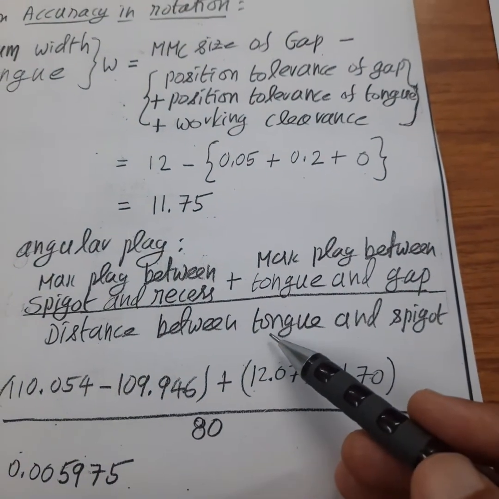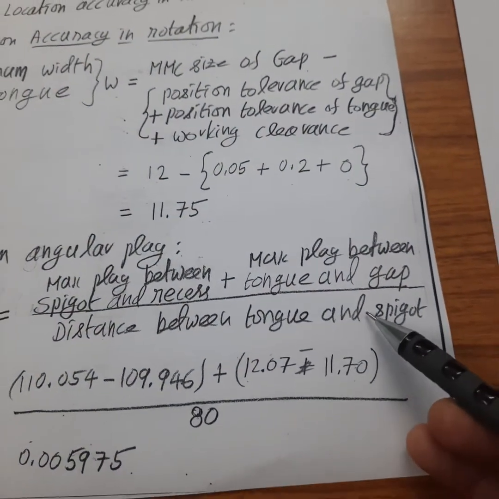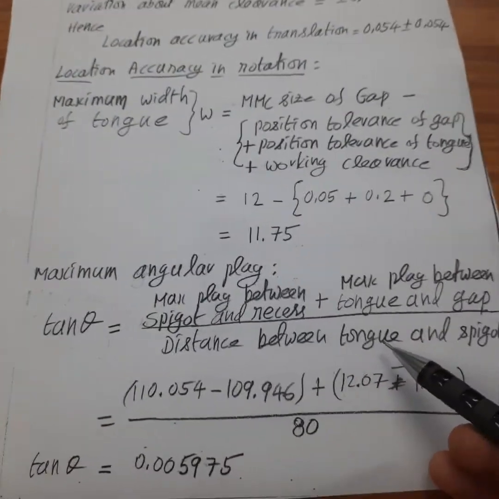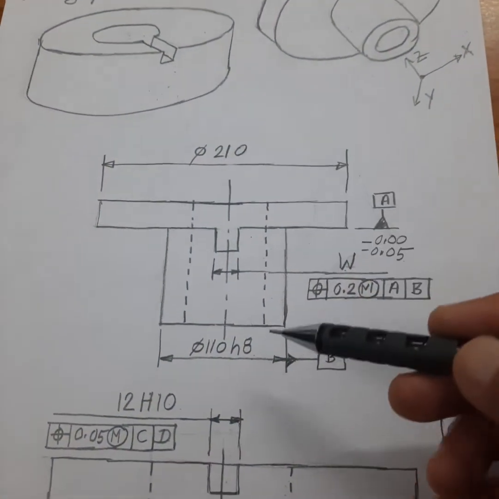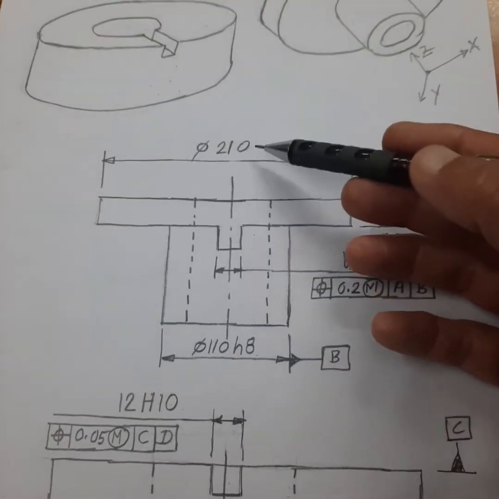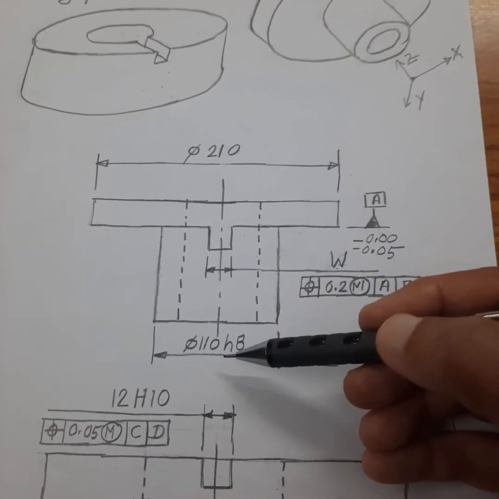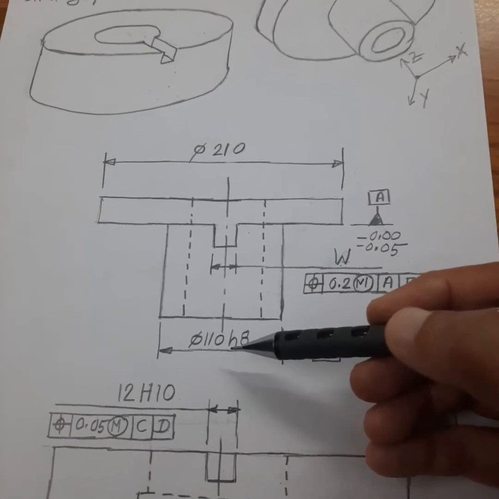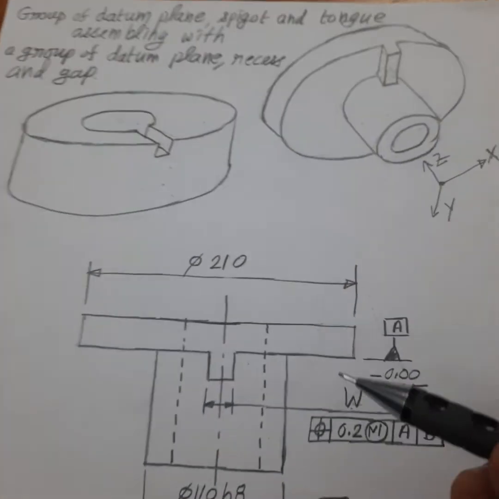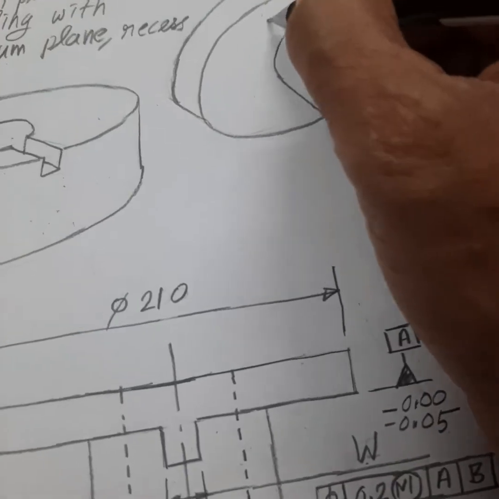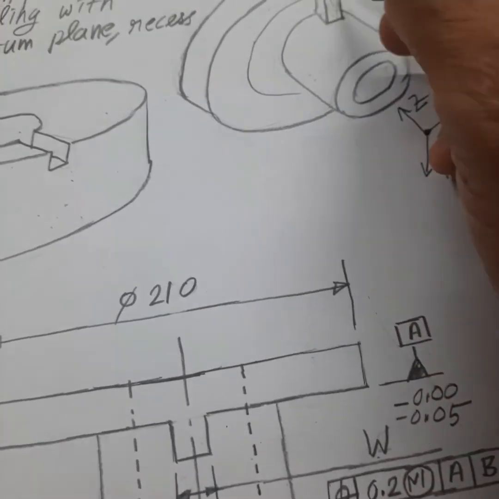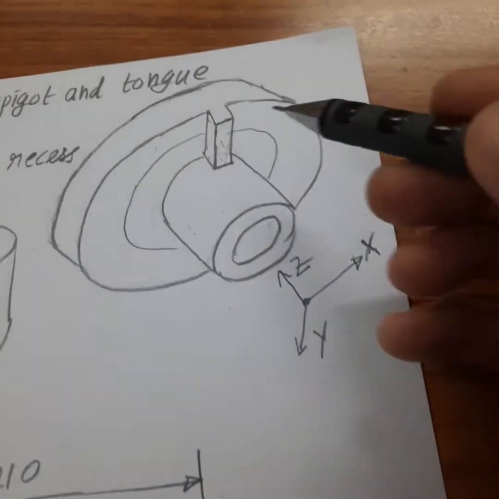That is the distance between the tongue middle plane and the spigot. This can be found using the dimensions 210 and 110. So 210 plus 110 is 320. 320 divided by 2 is 160. If you draw a circle at 160, it will be passing along the middle plane of the tongue.